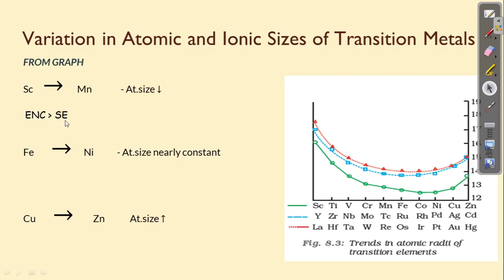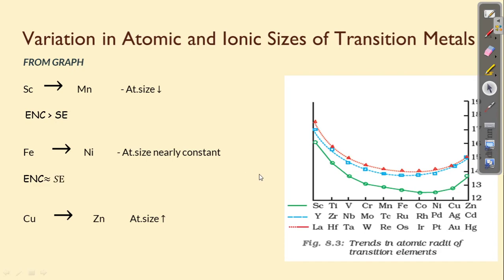So here the regular trend is working out. But when we see these three elements, iron, cobalt and nickel, there is no decrease or increase in the atomic radii, which says it is almost constant. So this says that here the screening effect counterbalances the effective nuclear charge.